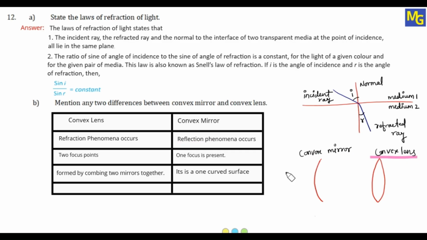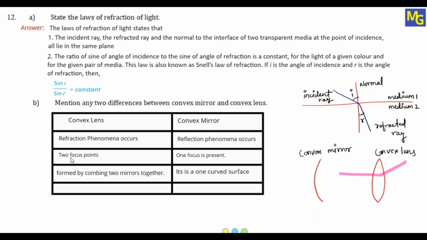When the light falls on this mirror, it gets reflected and diverged. So this we have to remember for the mirror. It is reflection. But in the case of lenses, when the light enters the lens, it gets diverged, but it shows the refraction process. Therefore, the first difference is this.